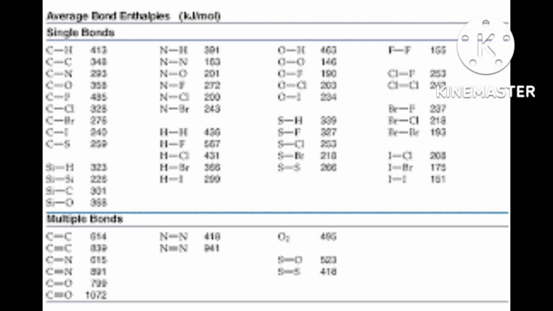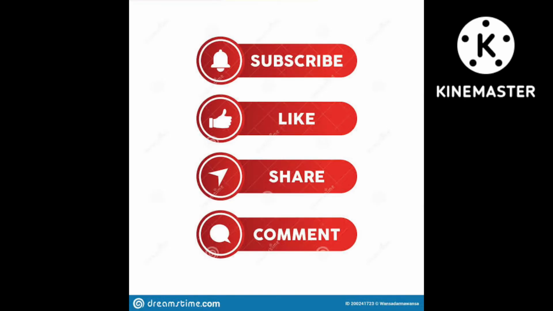H2O is there, O is in the center, two H. A very tricky question is asked: two O-H bonds are there, but both will not take the same energy to break. Both O-H will take different energy. A very intelligent question, and it is asked in IIT and other examinations.